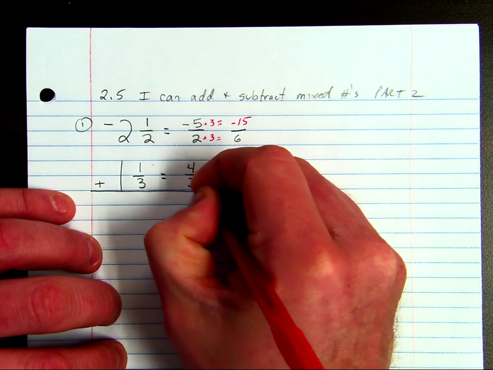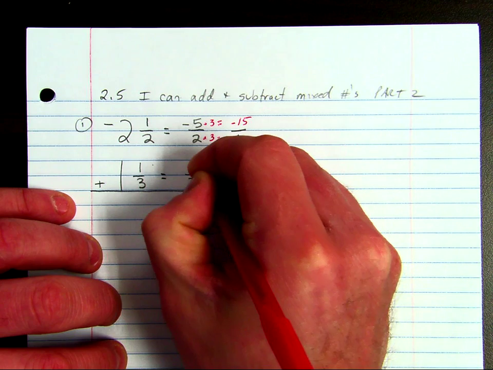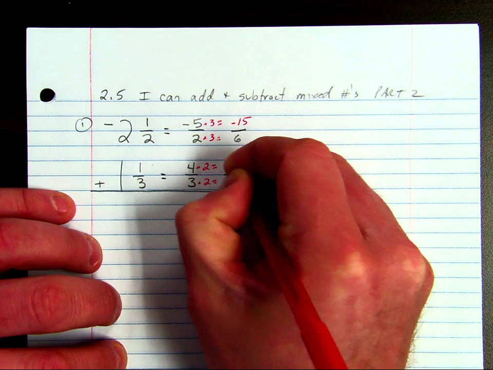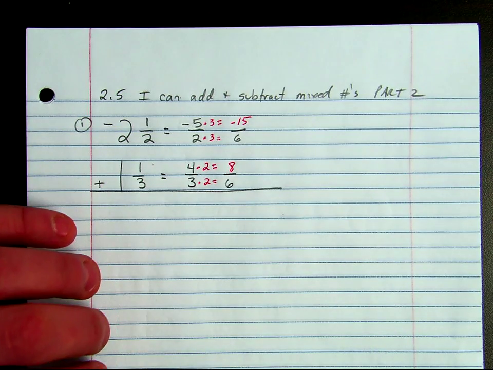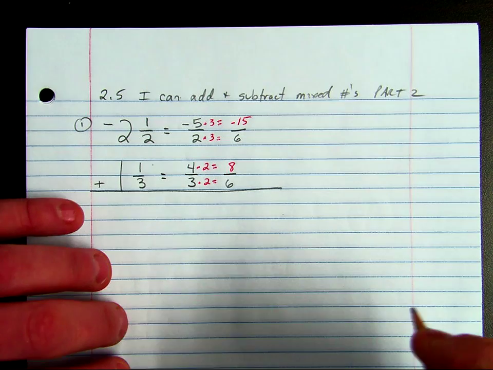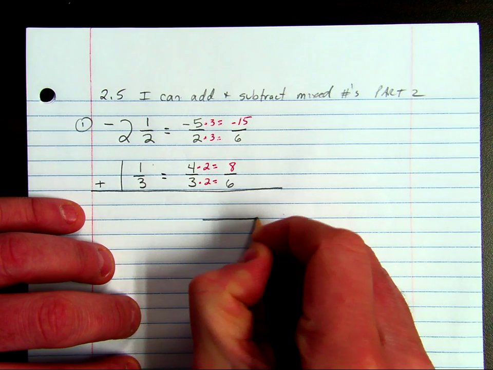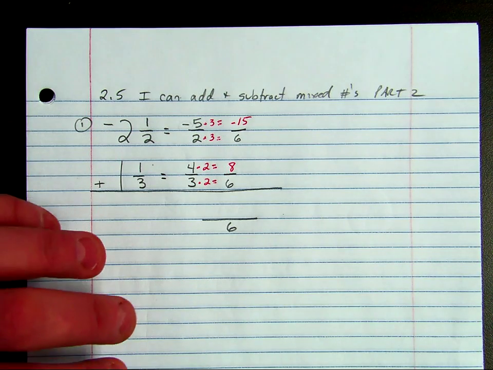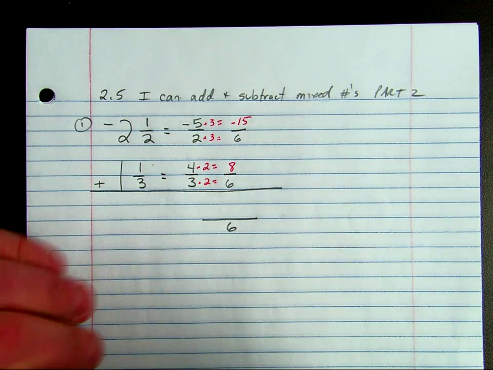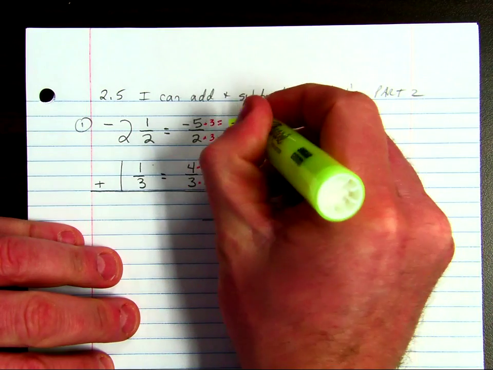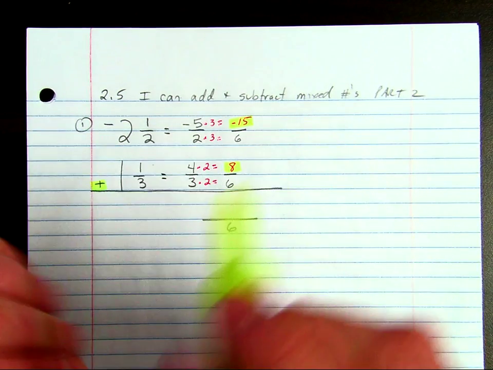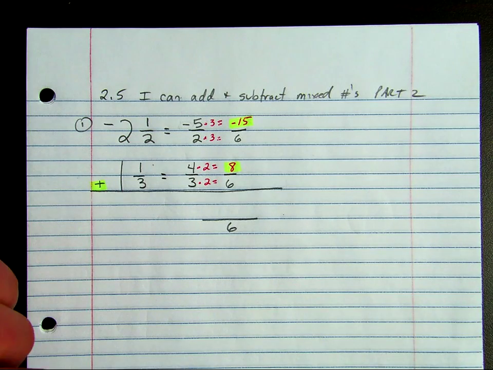We multiplied the 3 by 2, so that means now we have to multiply the 4 by 2, and we get 8. In the numerator, just like we did on our last task, I am going to write on my numerator all 3 of those.